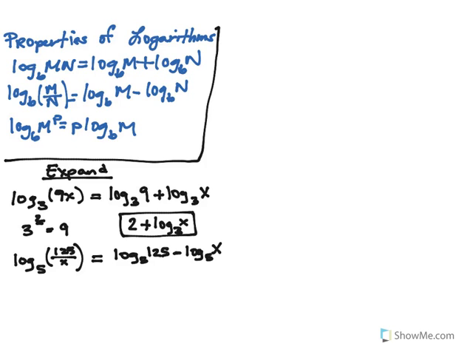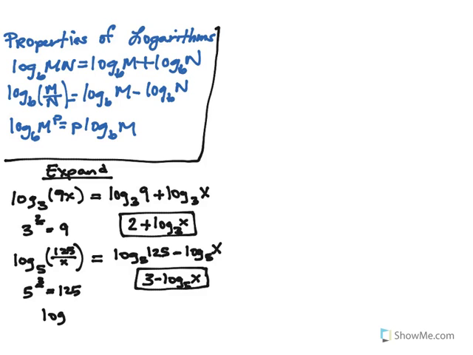Now, log base 5 of 125 can be evaluated. The base is 5, and 5 raised to some exponent gives me 125. What is that exponent? That exponent would be a 3. So this simplifies into 3 minus log base 5 of x. All right, and that's that.